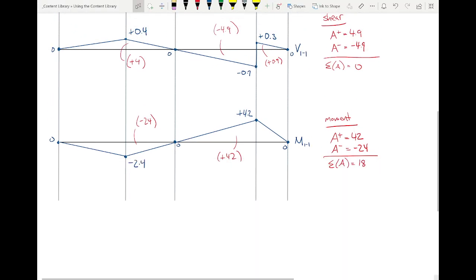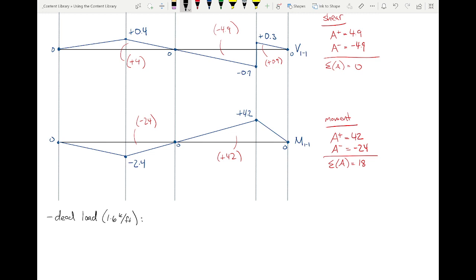All right. Let's consider the dead load. Now, how much was the dead load? I believe it was 1.6 kips per foot. Is that a fair statement?